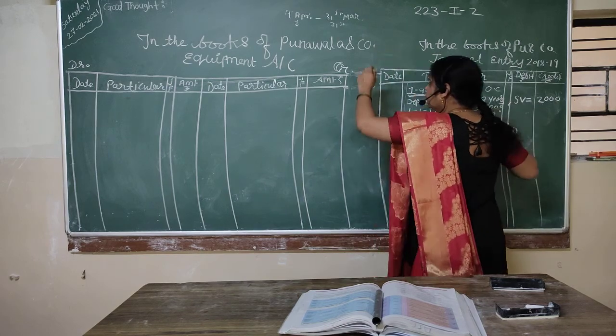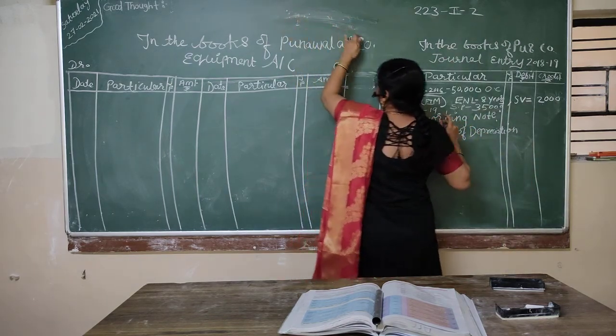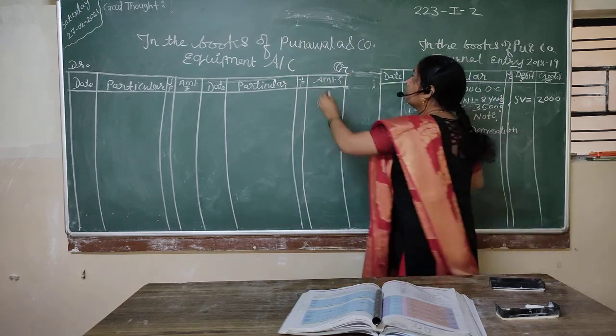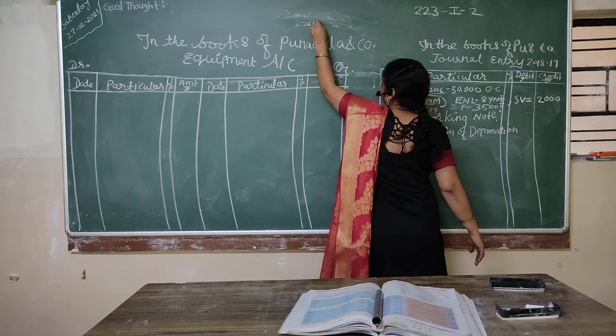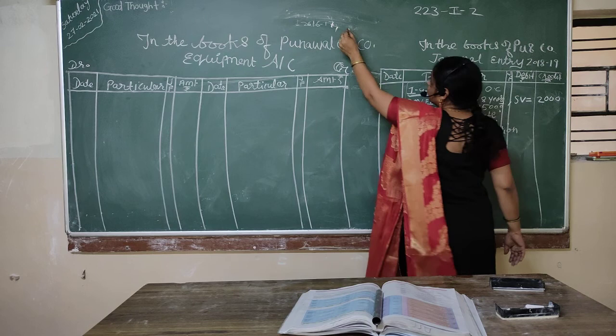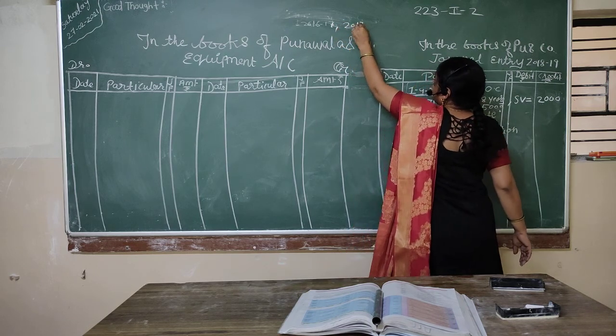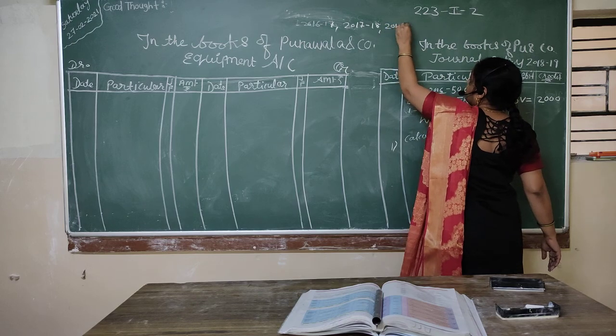From 1st April 2016 to 31st March 2019, how many financial years? The first year will be 2016-17, the second year will be 2017-18, and the third year will be 2018-19.